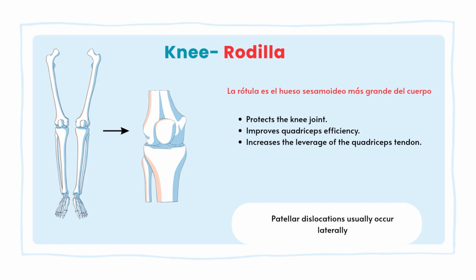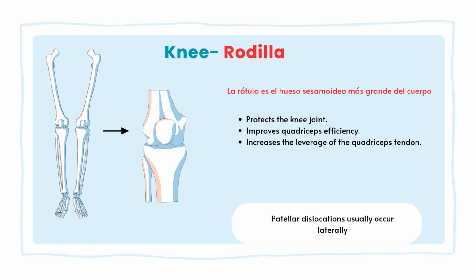And the functions of the rótula or patella: it protects the knee joint, improves quadriceps efficiency, and increases the leverage of the quadriceps tendon.